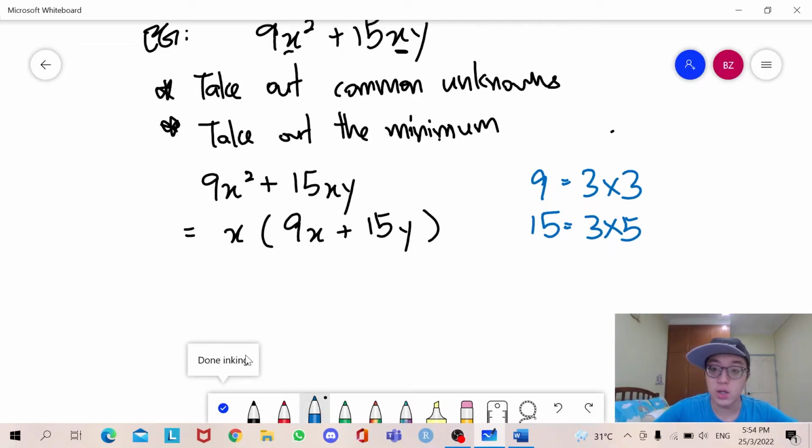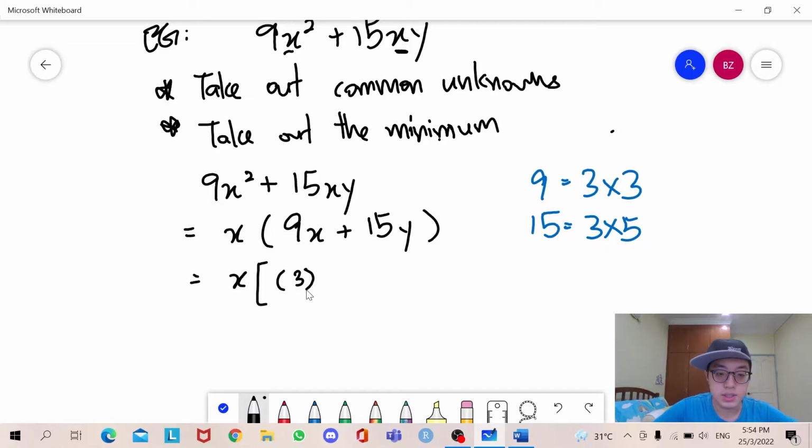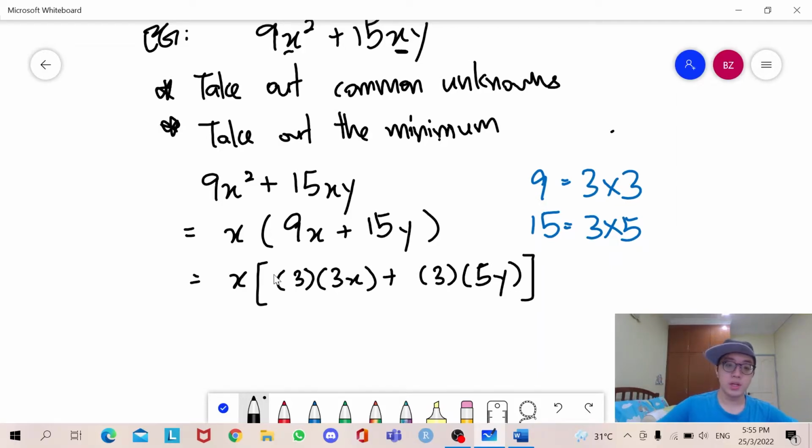We will take out the 3 outside. If we want to separate it out, we can see 3 times 3x plus 3 times 5y. Both 3's are common, so we take out 3(3x plus 5y).